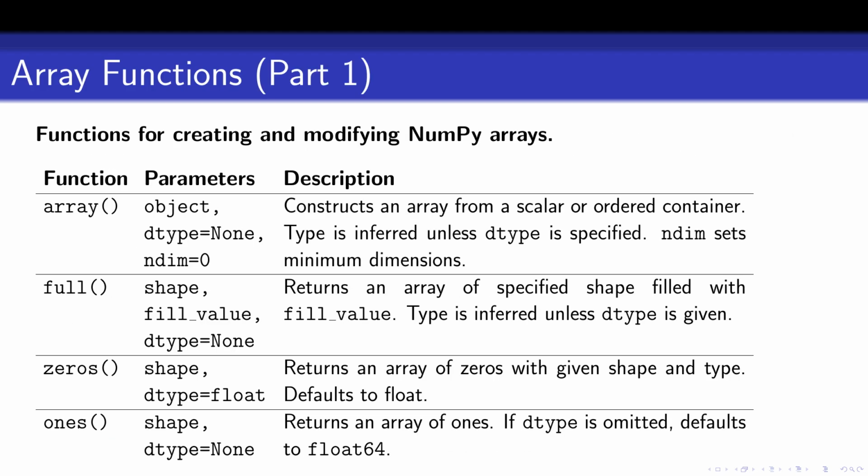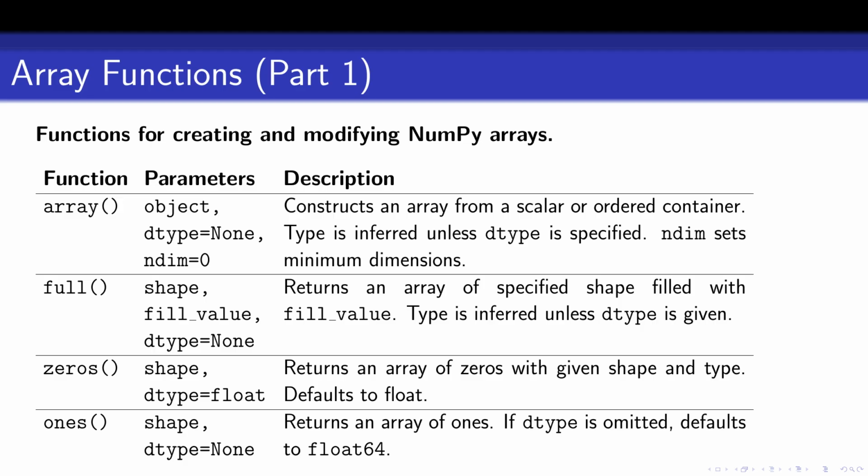NumPy also includes specialized functions for creating arrays from scratch, which is useful when initializing data structures or setting up test cases. The array function converts Python lists or other sequences into NumPy arrays and allows you to specify data type and dimensionality. The full function generates arrays of a specified shape, filled with a given value, ideal for placeholders. The zeros function returns an array filled with zeros, while ones creates one filled with ones.